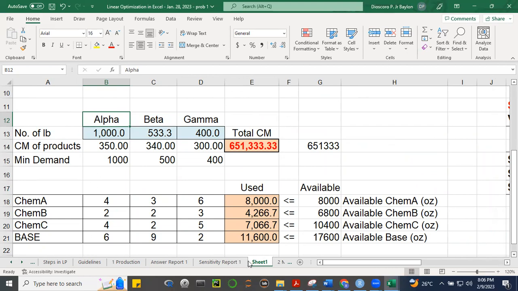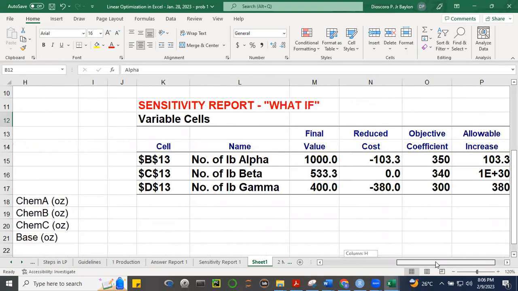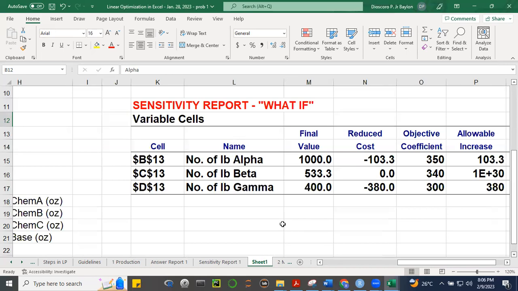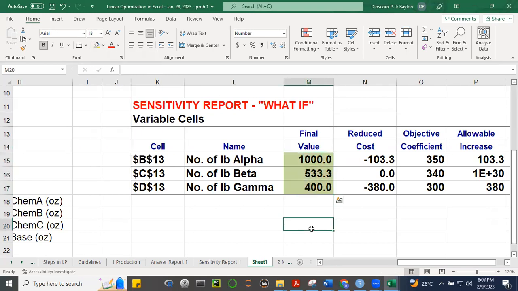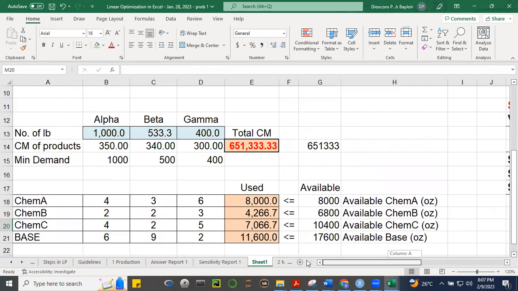So minimix lang ni Excel yan. So sabi niya, number of labels, alpha, etc. Then we have the final value. Ito alam natin to, di ba? What's this? This is your final solution. This is your optimal solution. By the way, let me just say a word about this.